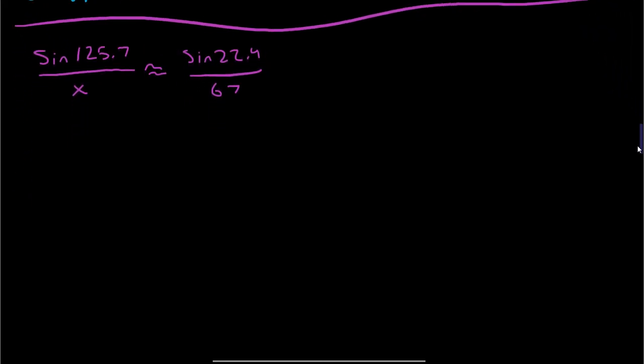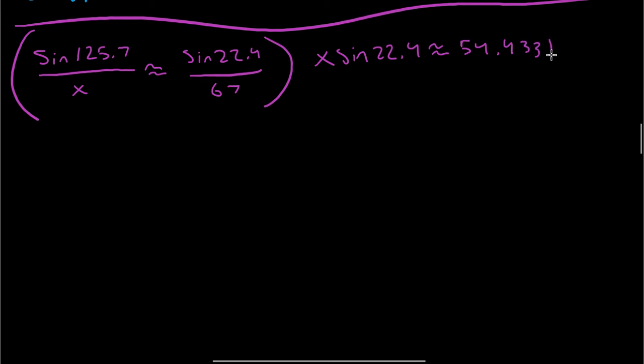So we can simplify it a little more. This is equal to x times the sine of 22.4, which is roughly equal to the sine of 125.7 times 67. That's roughly equal to 54.4331.